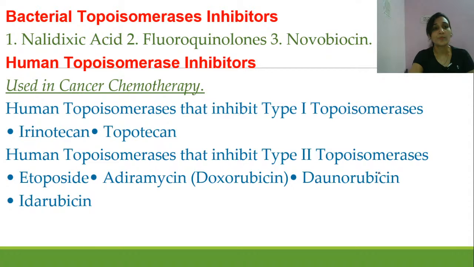And the ones used for inhibiting type 2 topoisomerase, there are four, that is etoposide, erythromycin, daunorubicin and idarubicin. Don't forget to remember the names. The inhibitors of topoisomerase are an important point in chemotherapy.